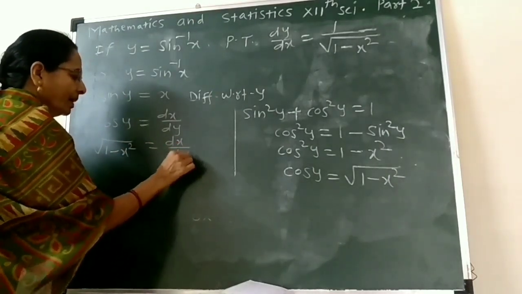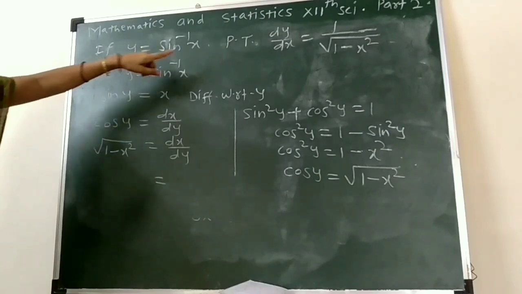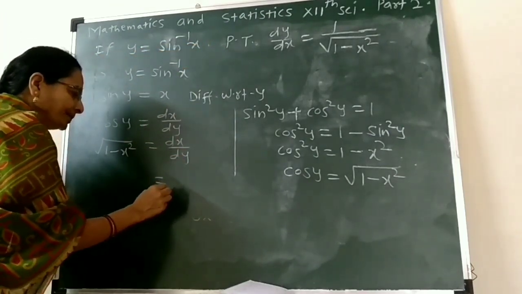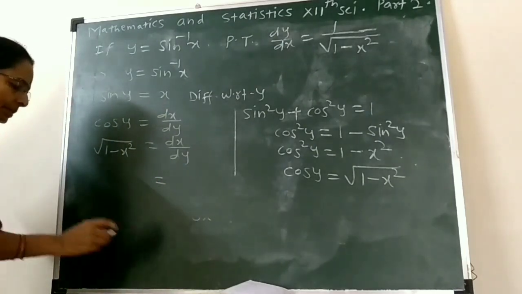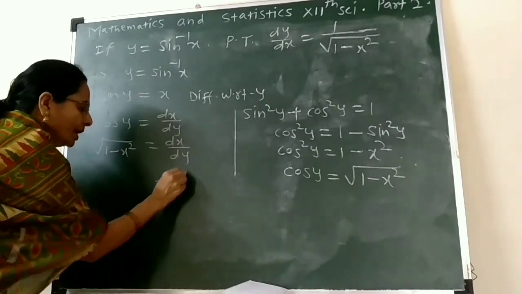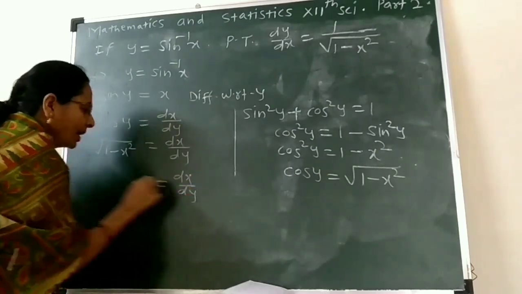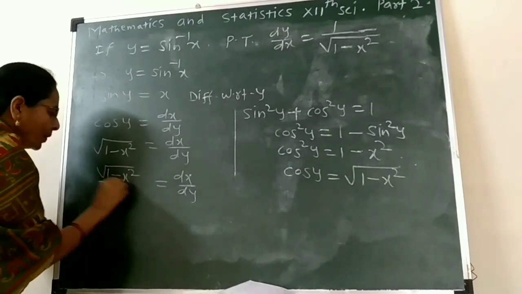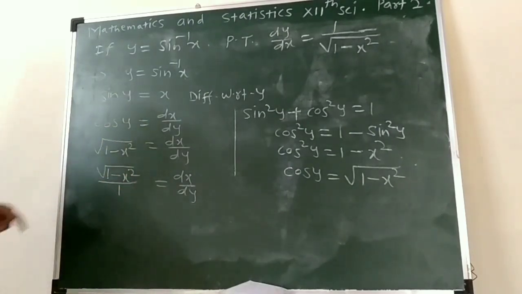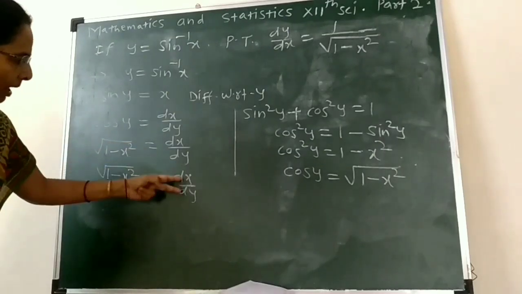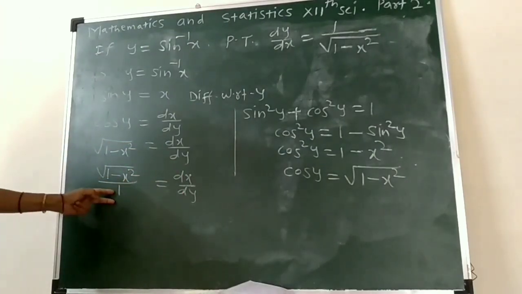Here dx by dy is root 1 minus x square, but we require here dy by dx. So dy by dx is equal to inverse of dx by dy. Dx by dy is equal to root 1 minus x square upon 1.